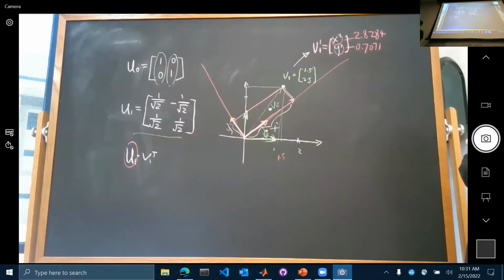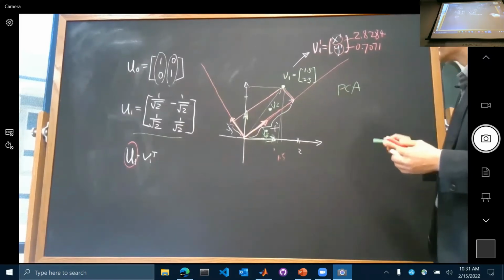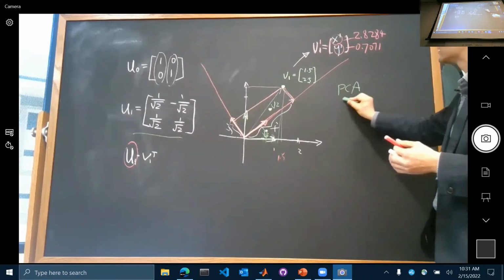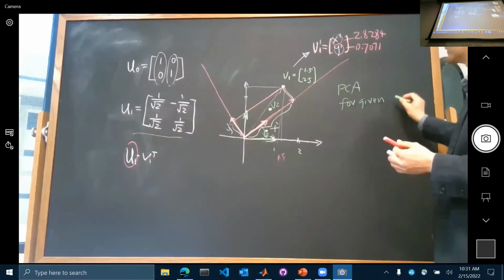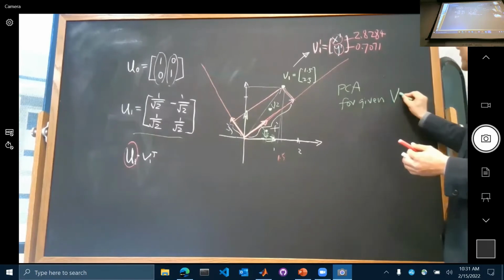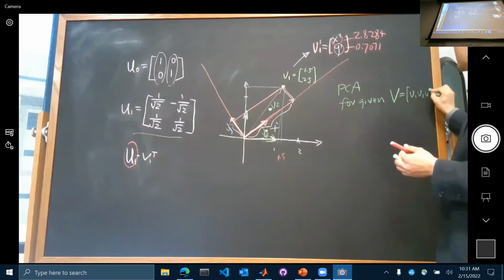Yeah. So PCA works on data points, say V. In this case, we have 3: V1, V2, V3.